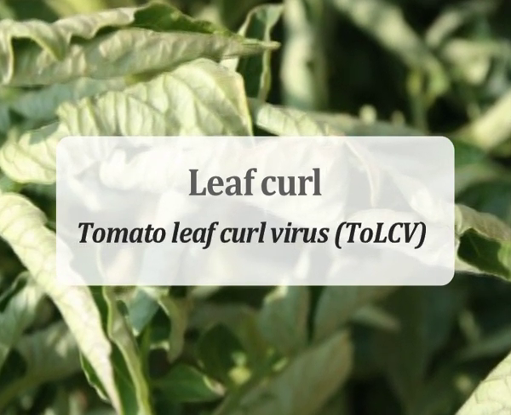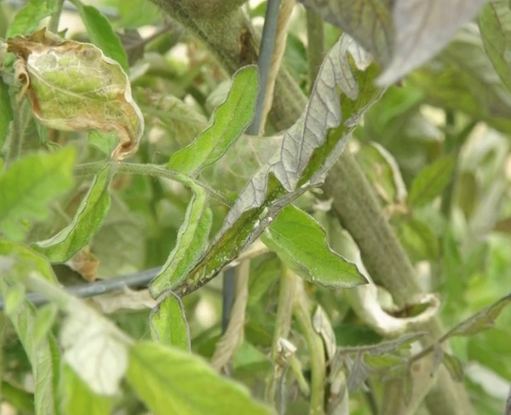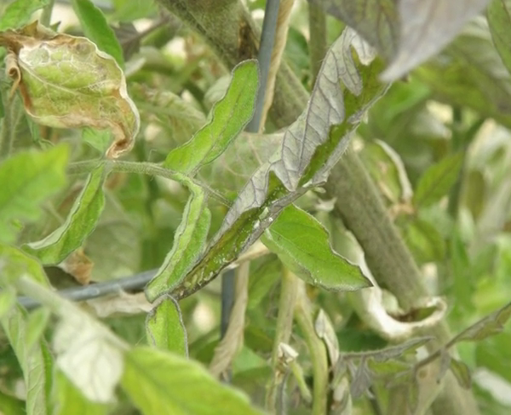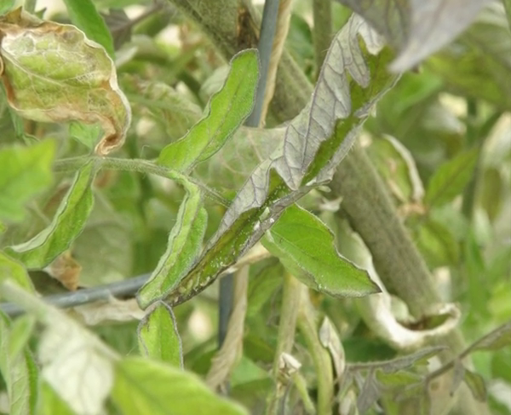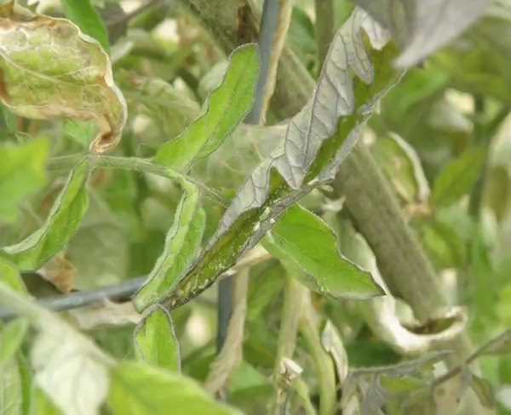Symptoms of the disease. Leaf curl disease is characterized by severe stunting of the plants with downward rolling and crinkling of the leaves. The newly emerging leaves exhibit slight yellow coloration and later they also show curling symptoms.